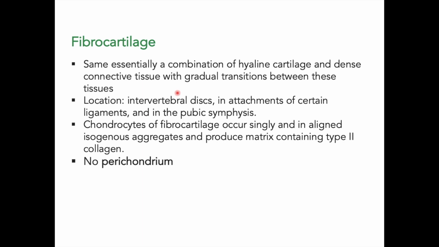And again, yung location nito, ito yung lumabas sa exam namin, paulit-ulit ha, kasi baka lalabas din sa exam nyo. It is present in the intervertebral discs, in attachments of certain ligaments, and in pubic symphysis or symphysis pubis. Okay. Chondrocytes of fibrocartilage occur singly and in aligned isogenous aggregates and produce matrix containing type 2 collagen.